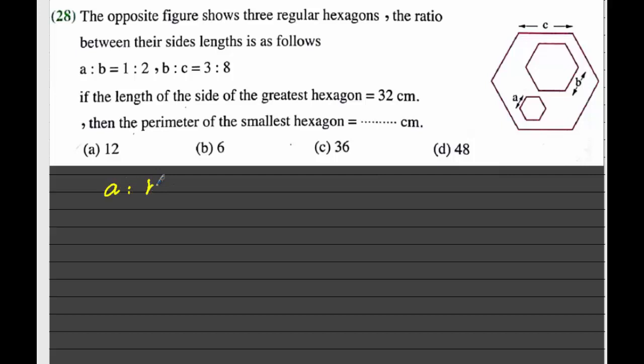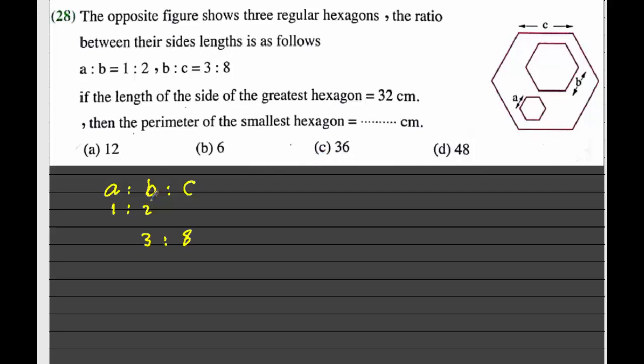A to B equals 1 to 2, and B to C equals 3 to 8. If the length of the side of the greatest hexagon equals 32, then the perimeter of the smallest hexagon equals one of these.